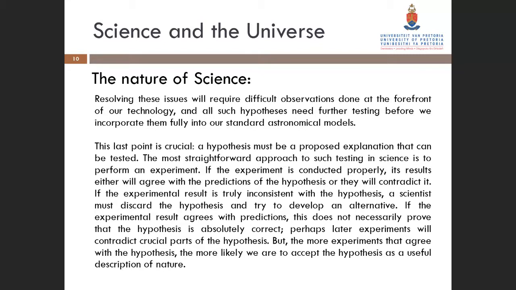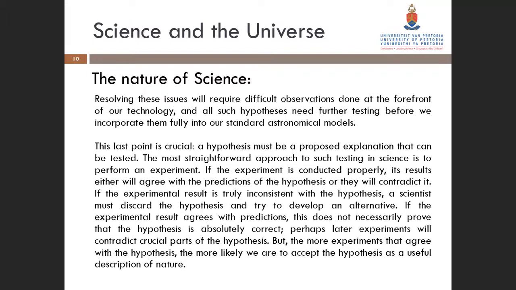So the last point is crucial. Hypotheses must be a proposed explanation that can be tested. The most straightforward approach to such testing in science is to perform an experiment. If the experiment is conducted properly, its results either will agree with the predictions of the hypothesis or they will contradict it.